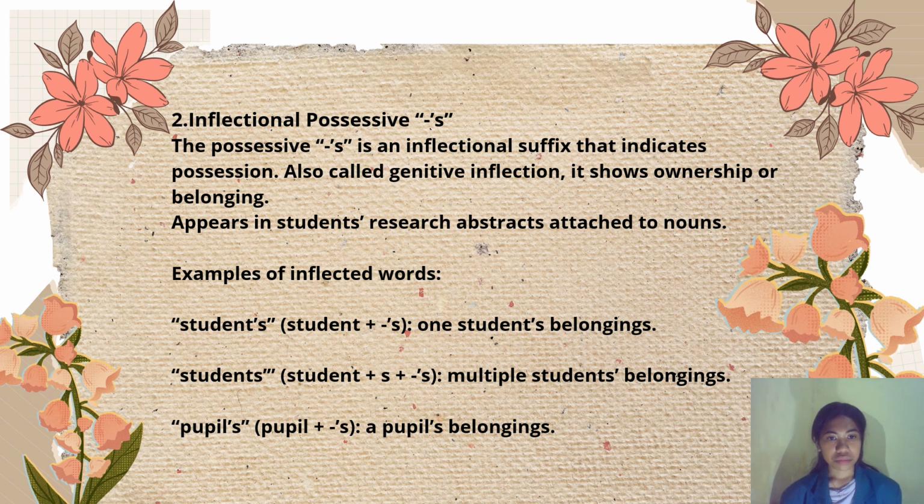And then the free morpheme student plus the plural s and then plus the possessive s becomes students', multiple students' belongings. And then pupil plus possessive s becomes pupil's, a pupil's belongings.